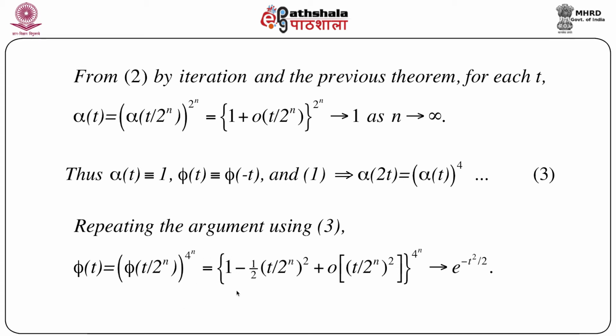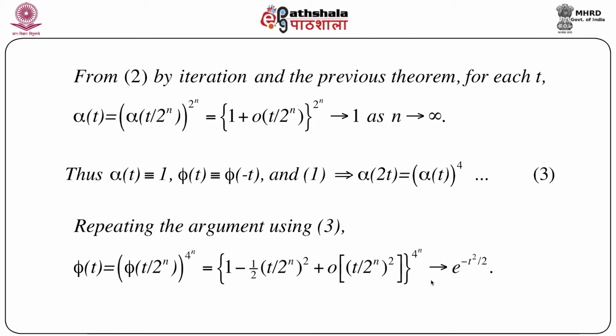And if we expand this, we can get 1 minus half, t by 2 to the power n whole square, plus some terms which are negligible compared to t by 2 to the power n, whole to the power 4n. And if you just take the limit, we know that this is nothing but e to the power minus t square by 2.